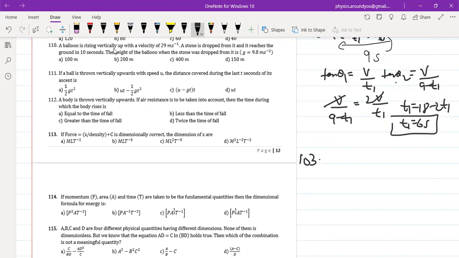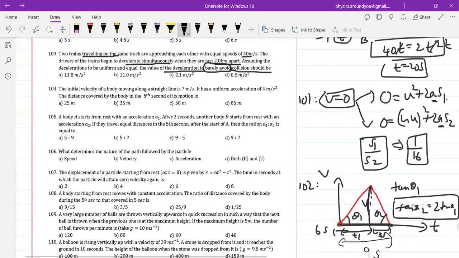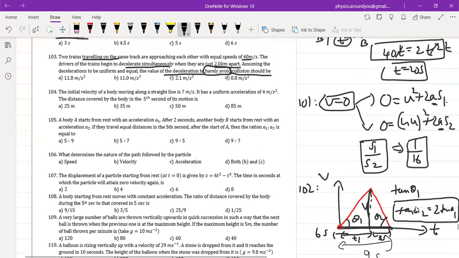So for collision problems, what did I tell? Whenever trains are given, only concentrate on the front end of the train. So let this be the front end of one train and let this be the front end of the other train. The distance between them is given. Yeah, they are 2 kilometers apart.